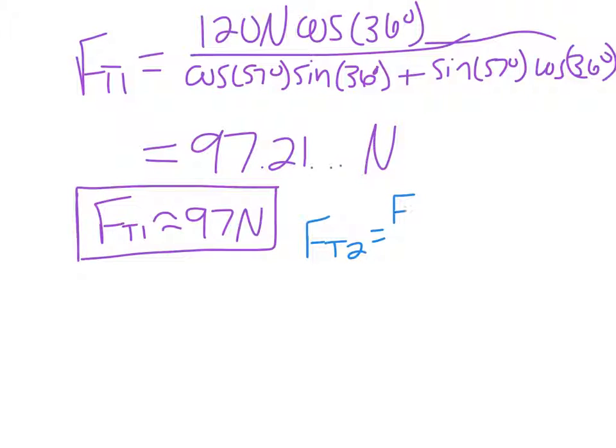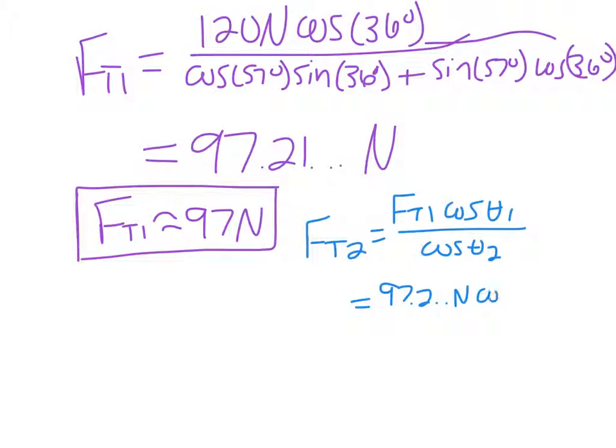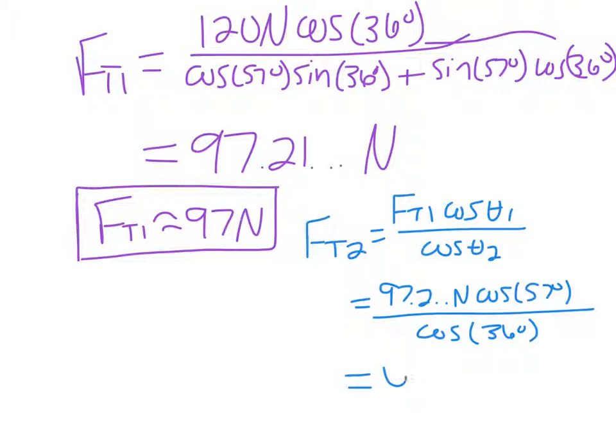Ft2 equals Ft1 cosine theta 1 over cosine theta 2. So this equals my unrounded 97.2, keeps on going, newtons, cosine 57 degrees divided by cosine 36 degrees. This will come out to be 65.44, keeps on going, newtons. With 2 sig figs, Ft2 is about equal to 65 newtons.